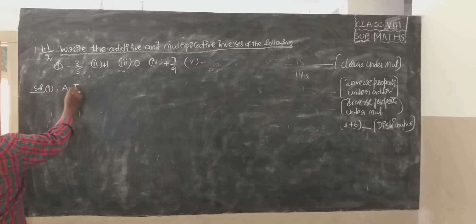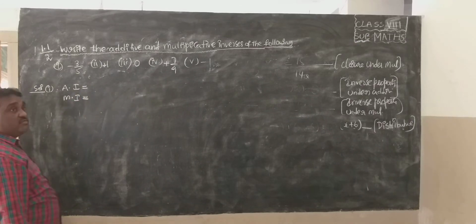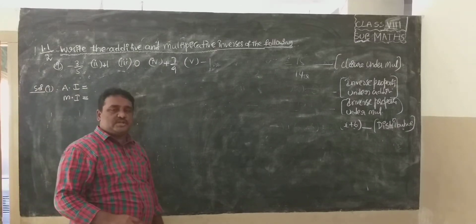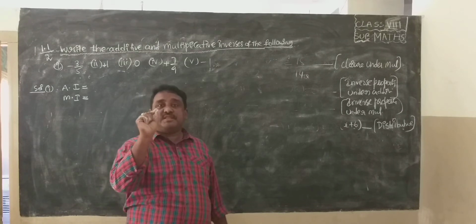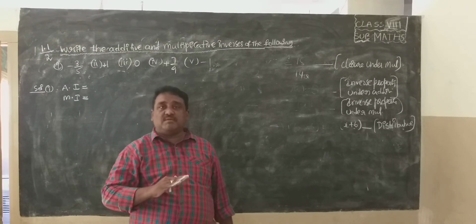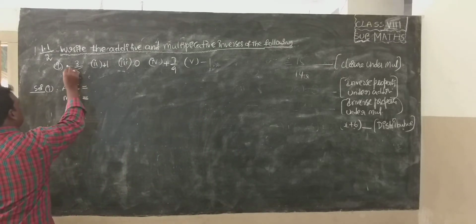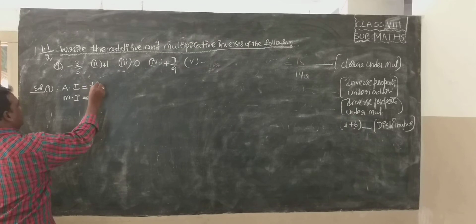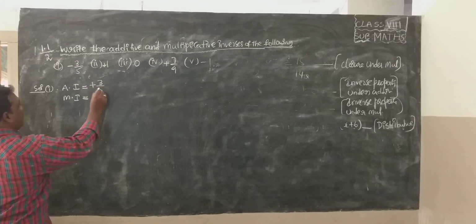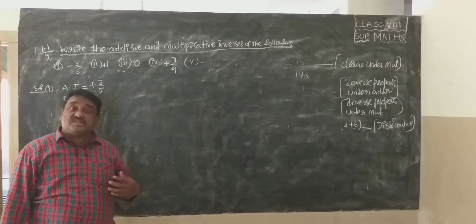First one, solution. Additive inverse, multiplicative inverse. How to get the additive inverse? I told you in the introduction: simply change the sign. Minus becomes plus, plus becomes minus. So the additive inverse of minus 3 by 5 is plus 3 by 5. What is the multiplicative inverse of minus 3 by 5?